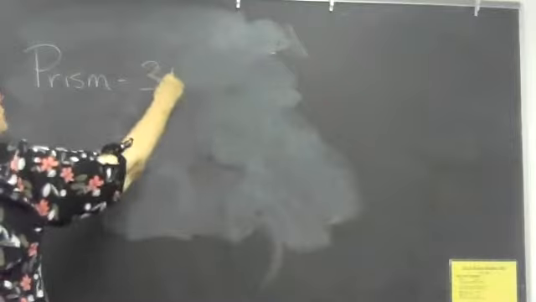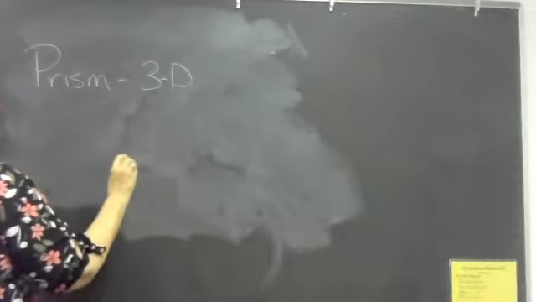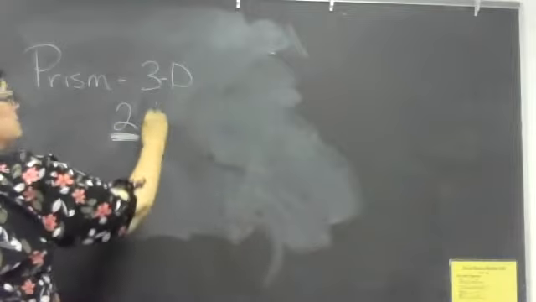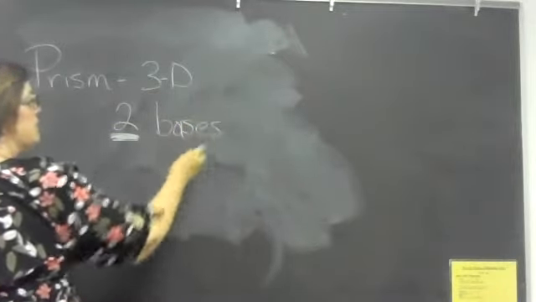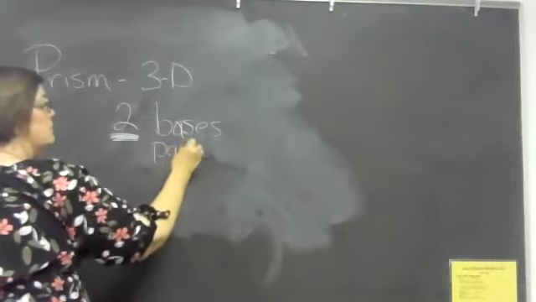And then let's talk about actually what a prism is. A prism, of course, is 3D, three-dimensional. And these are the 2 main things about a prism. It has 2 bases. These bases will be parallel to each other.